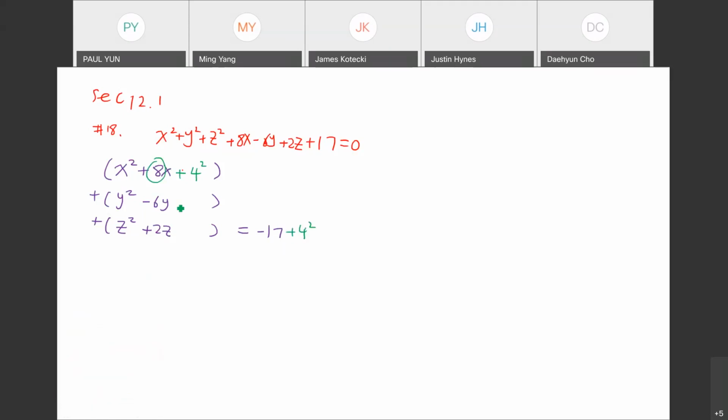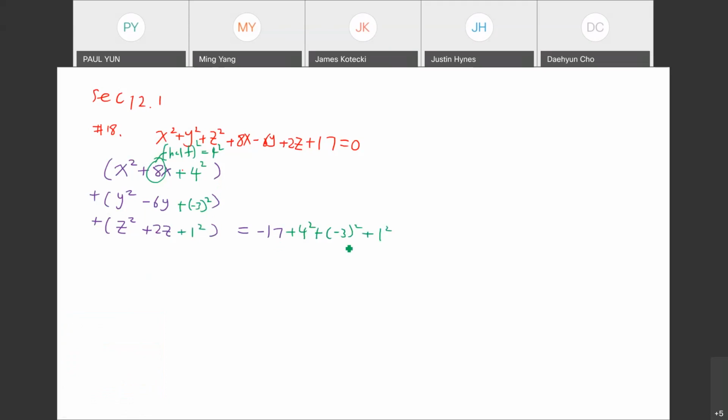And then what do you add here? Negative 3 squared? You always have to take half of this, squared, to make it a perfect square, right? Half squared, which is 4 squared. Half of this, 1.